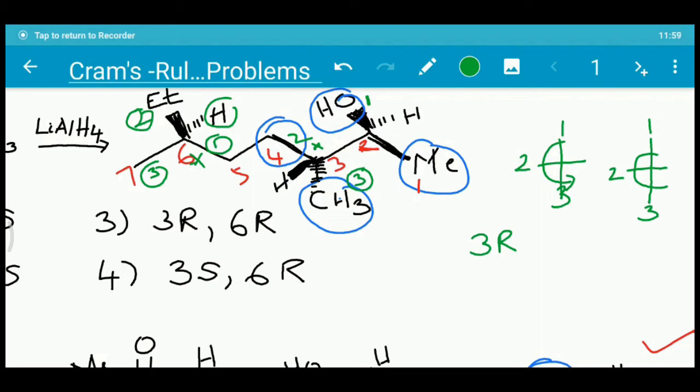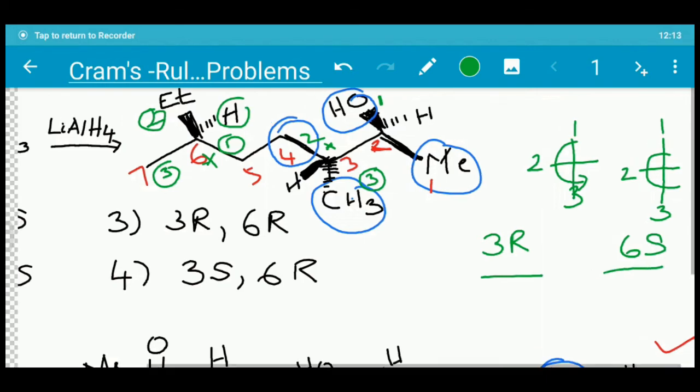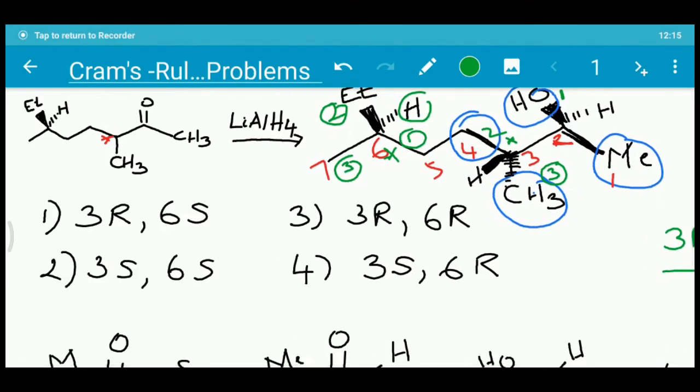So I have my 1 here, my 2 here, my 3 here, but my hydrogen is moving away from me. Therefore, it is 6S. Right, so the correct answer is 3R and 6S for this structure.